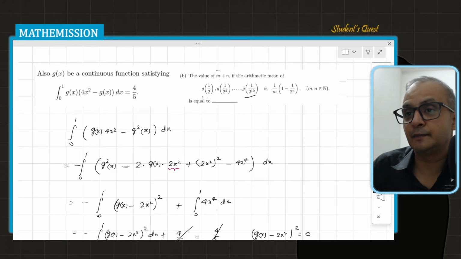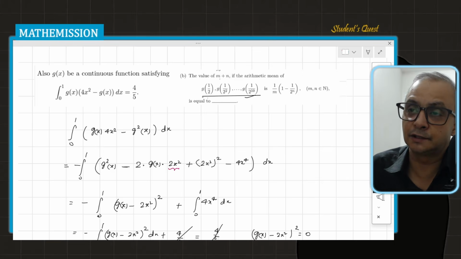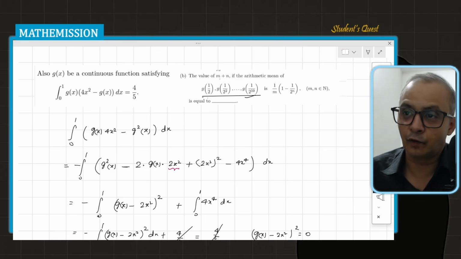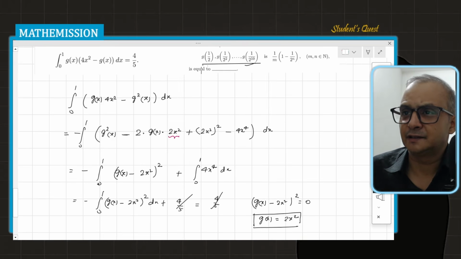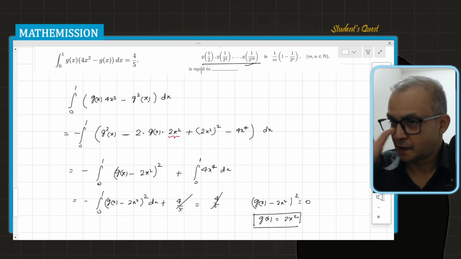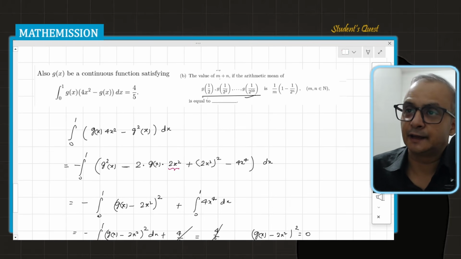Arithmetic mean means we add them up and then divide by the number of total terms, that is 10. So of course we have to find the summation for this geometric series, and I don't think anyone cannot do it after that. So I'm just leaving this up to the students and they can do it.